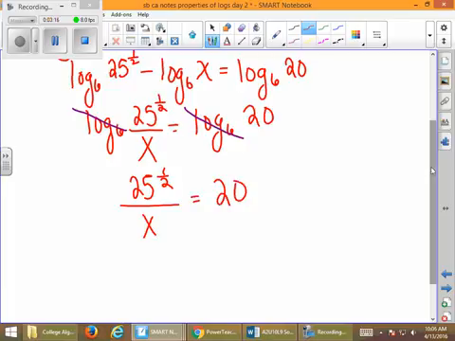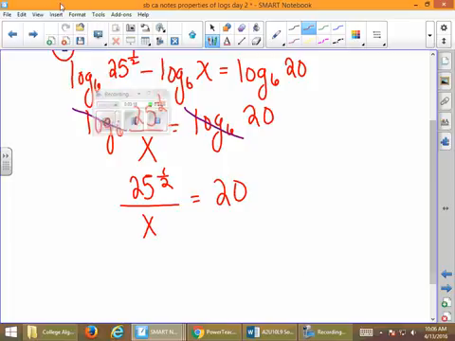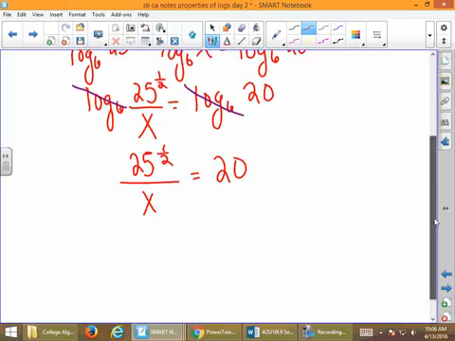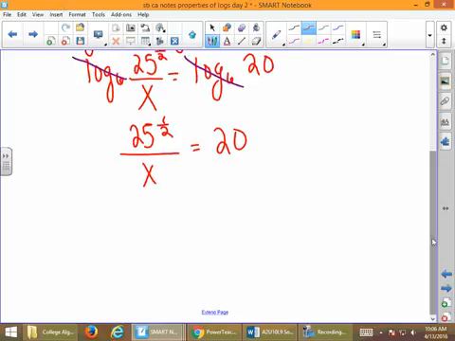And again, some of you have already figured out that 25 to the 1/2 power equals 5. But if you don't remember how to do that, what we're going to do is take the square root of 25. The denominator of the fraction goes in the check mark part of the radical.